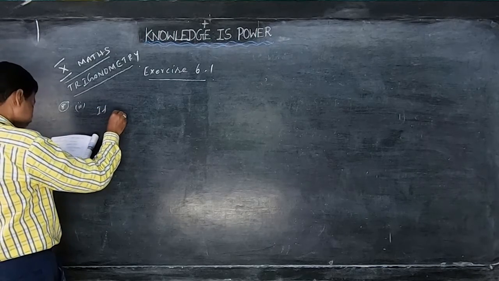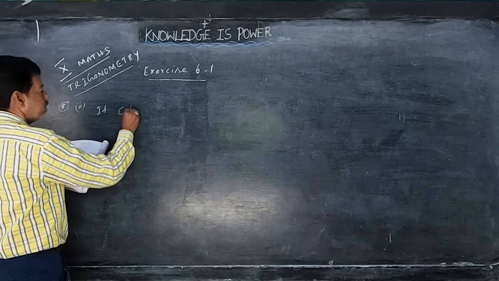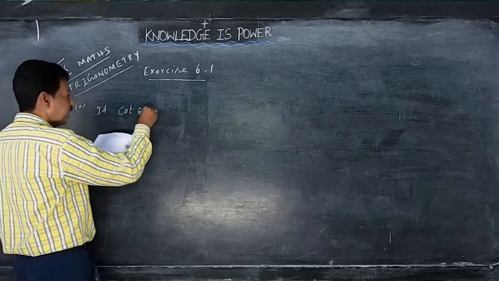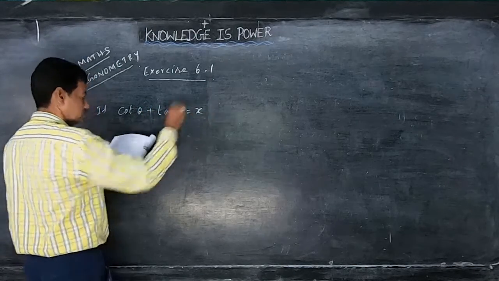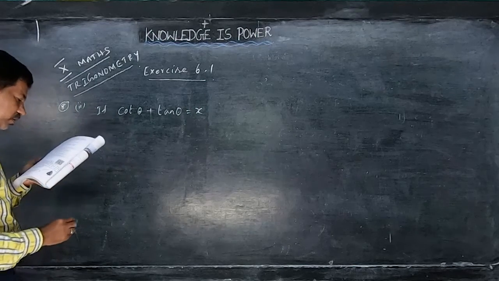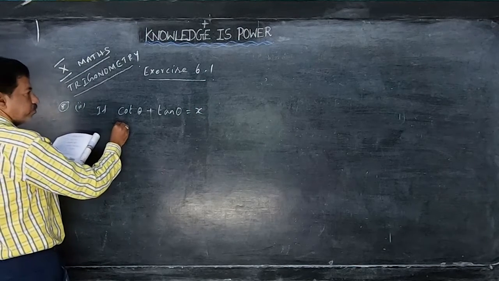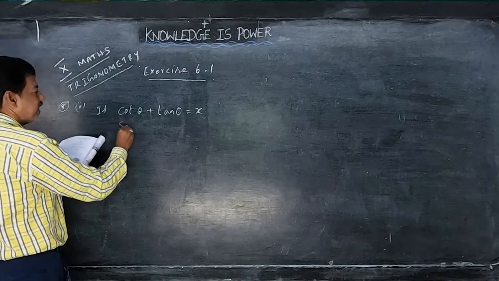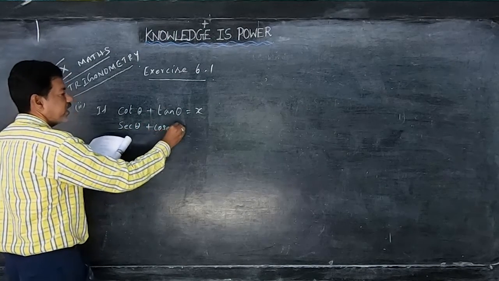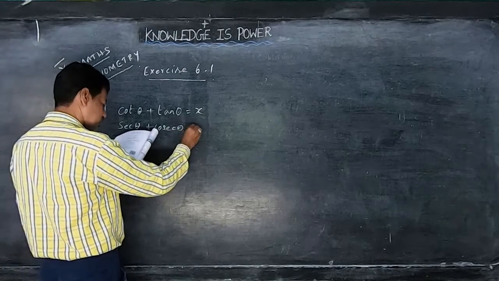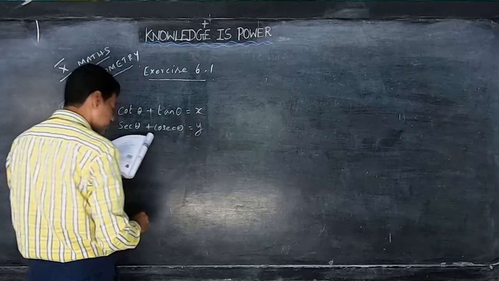If cot theta plus tan theta equal to x, this is one of the questions given. Now second, secant theta plus cosecant theta is given as y. What does the question ask us to prove?